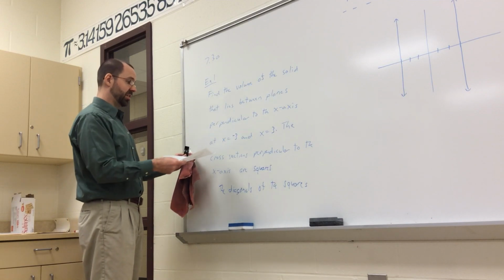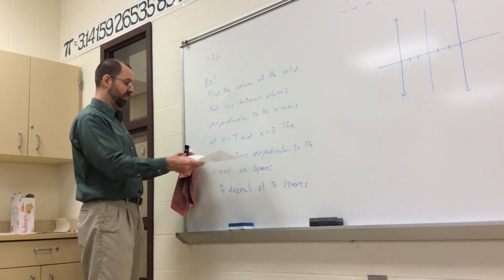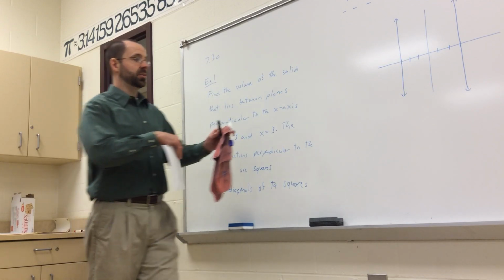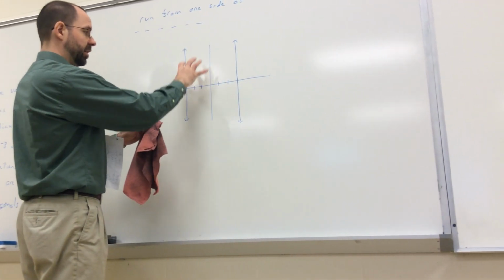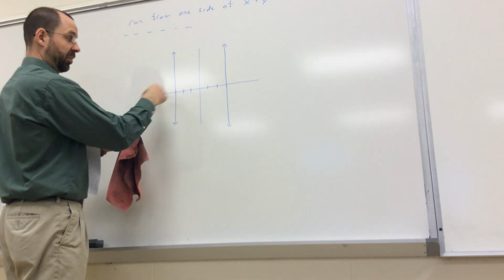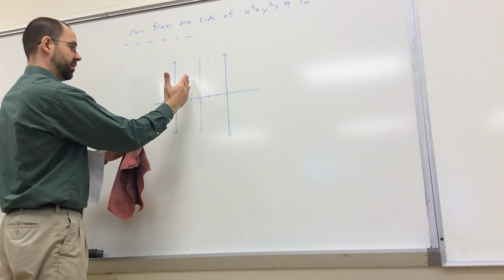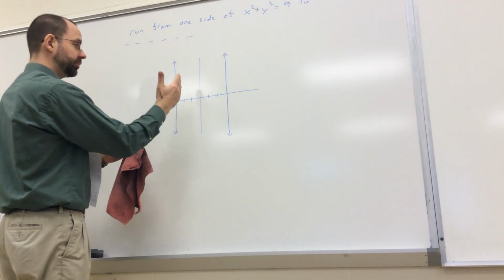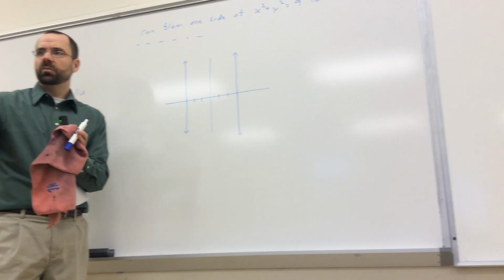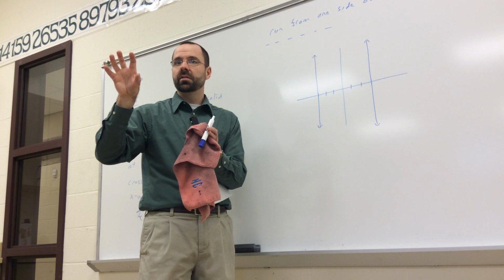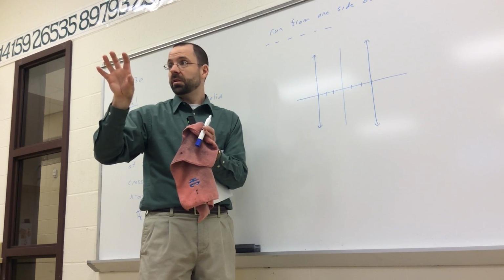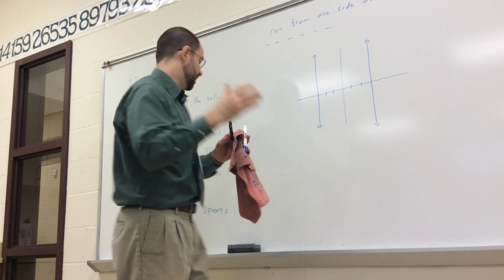Okay, so then the cross sections are perpendicular to the x-axis. So don't try to picture this 3D solid, but it's somewhere in here. And if you cut it perpendicular to the x-axis, you get a cross section. When we cut the watermelon, what shape was the cross section? It was a circle. But this is different.